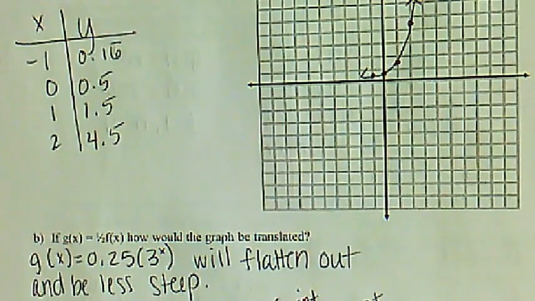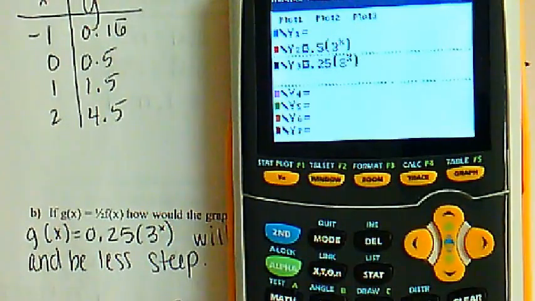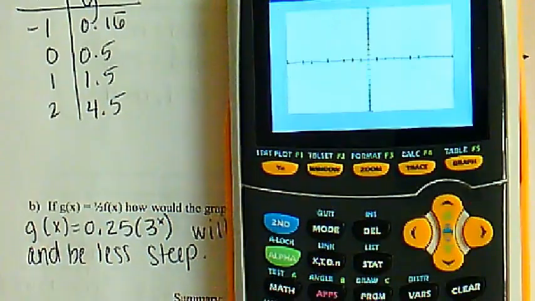So what's going to happen if I take half is it's going to be the opposite of doubling it, so it's actually going to get flatter. So if you put both of those into your calculator, I just put them both into my calculator and press graph. Here's the original one, 0.5. And here is the one that is in half. It is going to be flatter, okay, so less steep.